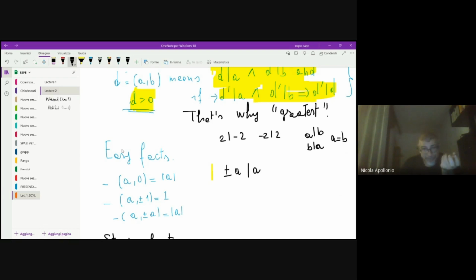So the largest divisor is precisely the positive one between plus and minus A, namely the modulus of A. This is also easy: the largest common divisor between A and plus or minus 1 is 1, of course. And the same is true for A and plus or minus A. It is still the modulus of A. Just check.